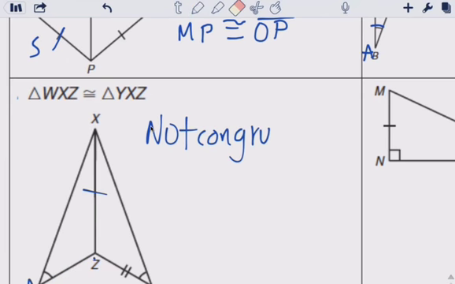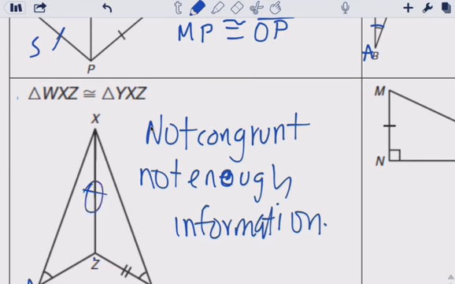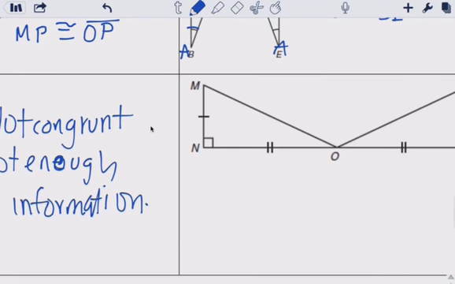And the same way on the other side. Not congruent, not enough information. We cannot put anything there. We know these are congruent though because it's shared.